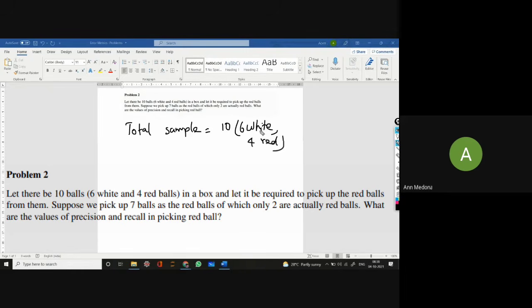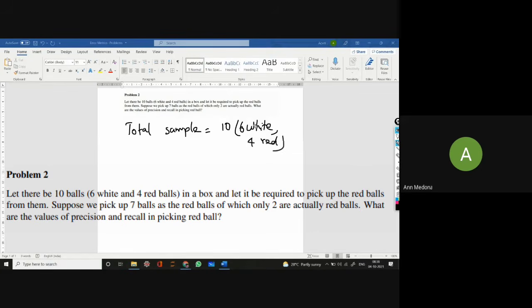And let it be required to pick up the red balls from there. So here we have total samples of 10 balls in a box, consisting of white as well as red balls. Our task is picking up the red balls. So we will consider picking up the red balls as the positive, the yes outcome.